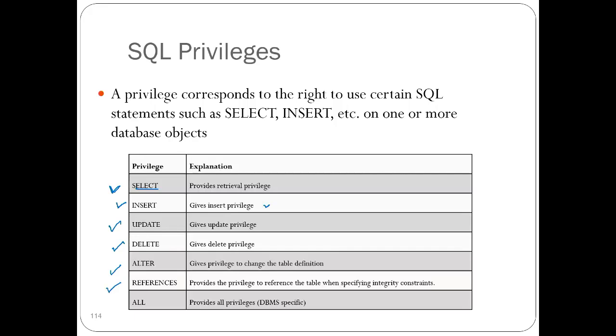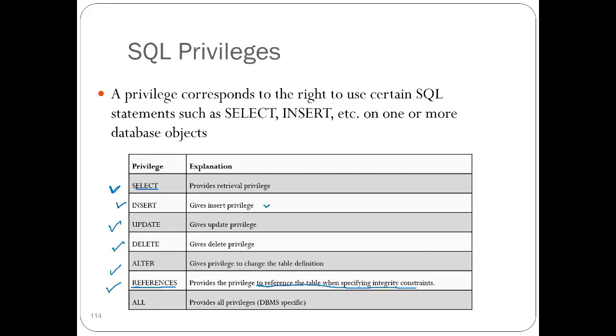You have the reference privilege also. The reference privilege is an interesting privilege where you can control whether a user can establish a foreign key relationship with a table, that is, whether you are allowing a user to define the referential integrity constraint.